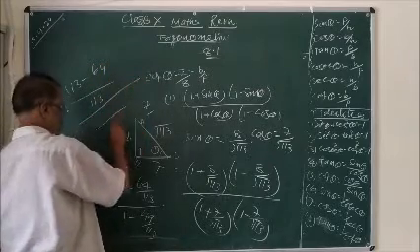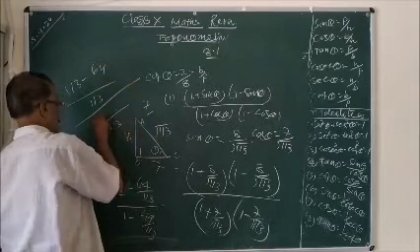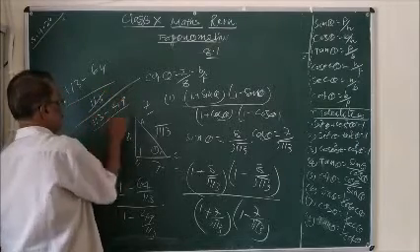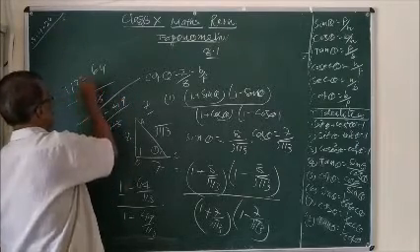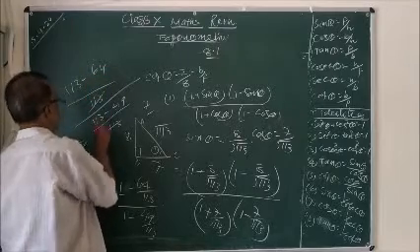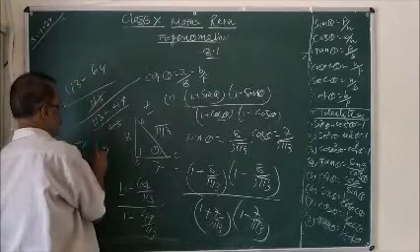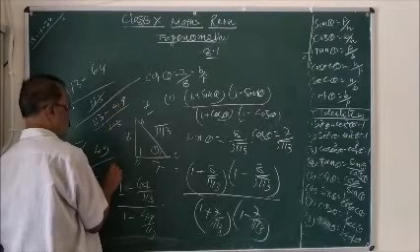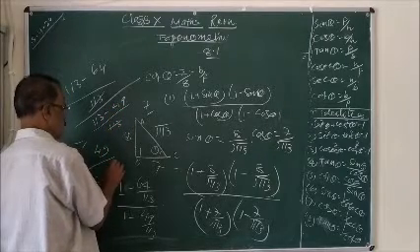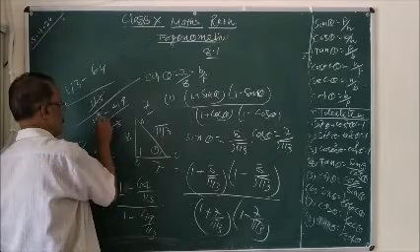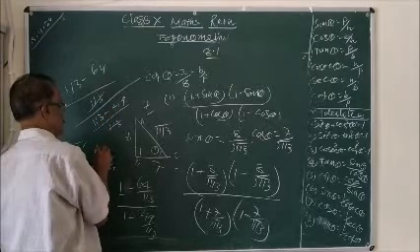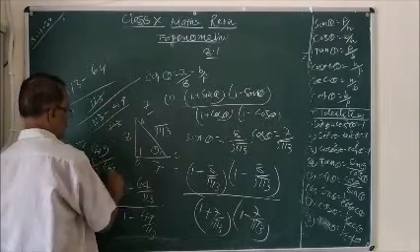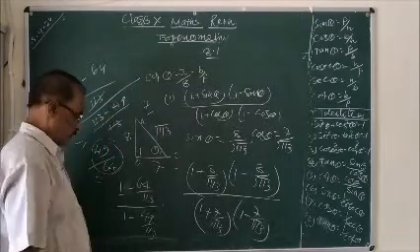And here also LCM 113: 113 minus 49. This will be cancelled. 113 minus 64 is 49, and 113 minus 49 is 64. So the answer is 49 by 64.